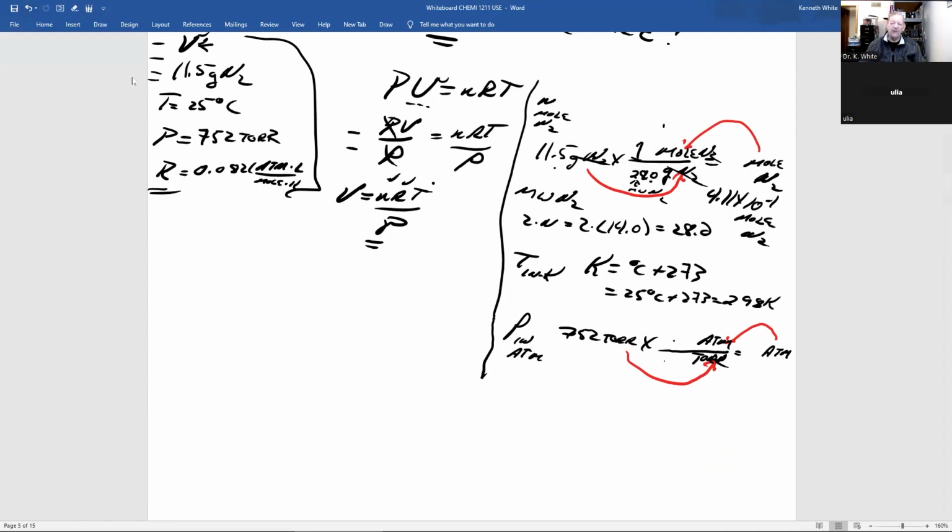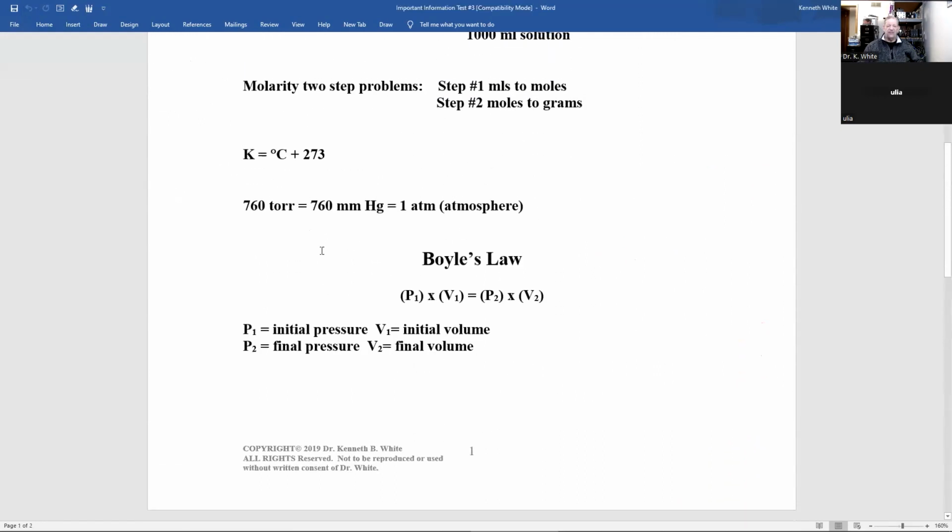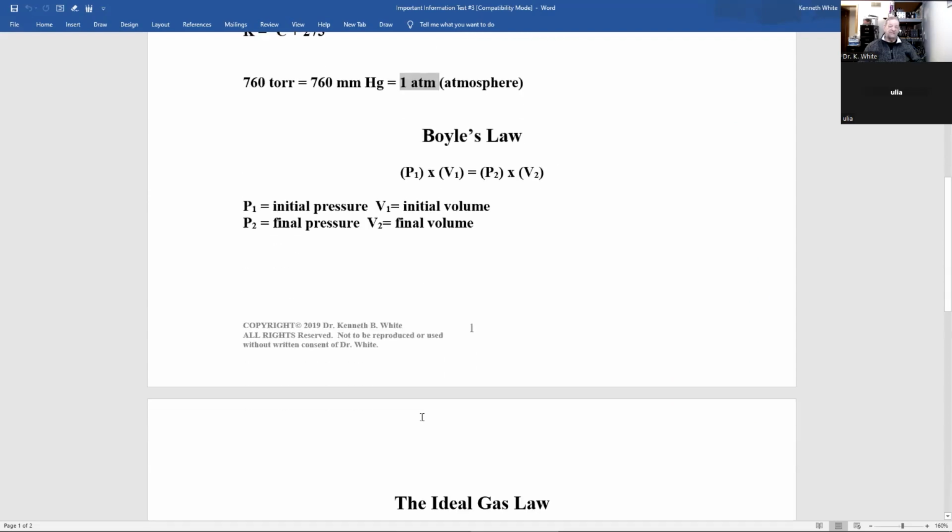And where do I find a relationship between ATM, atmosphere, and torr? Good news. Look at important information, test number 3. 1 atmosphere equals 760 torr. 760 torr equal 1 atmosphere.